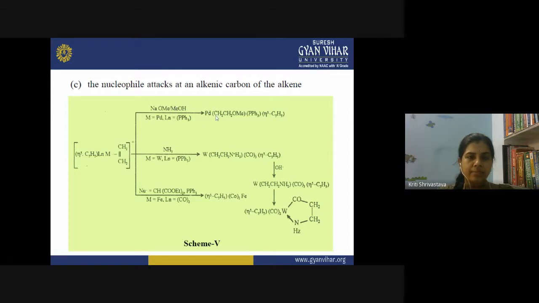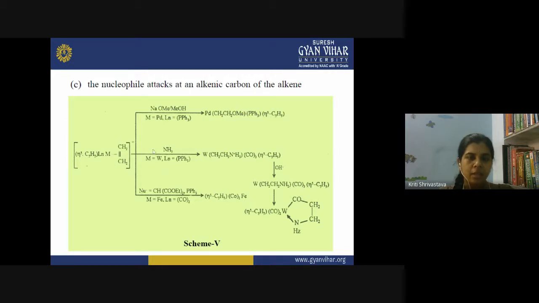We get the methoxy group attached on the alkenic carbon. So the alkenic carbon gets attached with the methoxy group, and this type of complex is generated in which we have a PPh3 inserted inside, and the alkene molecule is actually having a methoxy group. So reaction takes place on the alkenic carbon.